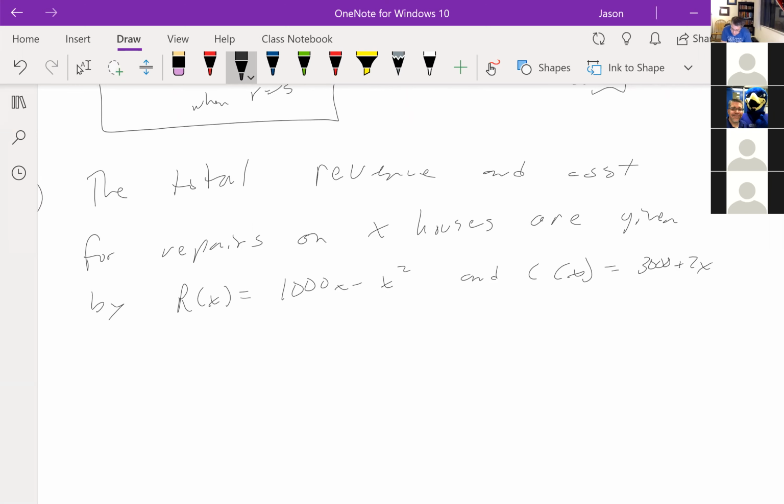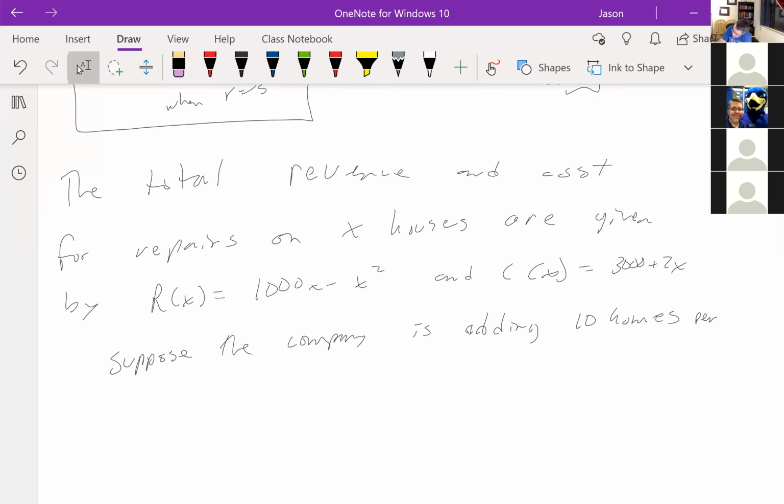We've got revenue and cost. Suppose the company is adding 10 homes per day.